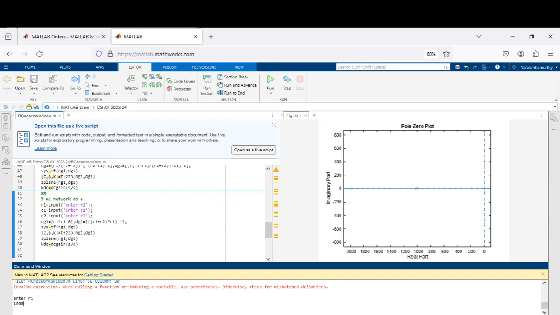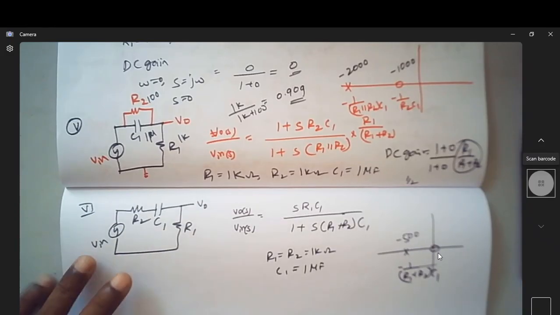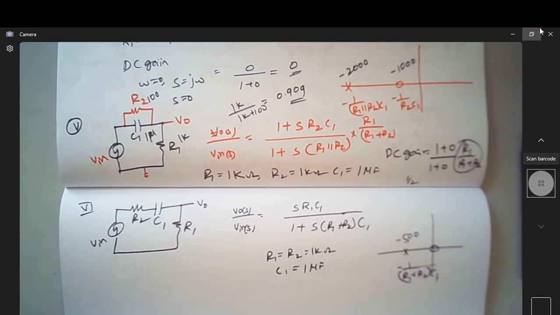Okay, it is 1000, 1e minus 6, and this is again 1000. Now it's fine. You can see the zero is at origin and the pole is at minus 500. Can you see this is at minus 500? That's what is expected now. We expected the zero to be at origin and the pole to be at minus 500.